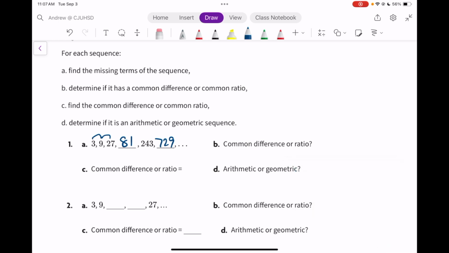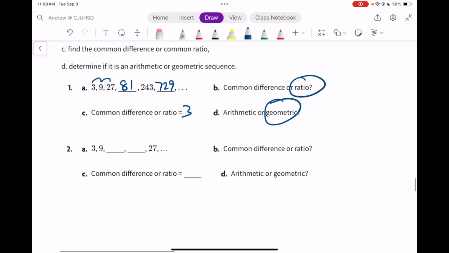Common ratio, it's geometric, and that ratio is 3. However, number 2, that is arithmetic. It's going up by 6, and then another 6 makes it 15, another 6 makes it 21, and then we're at 27. That is a common difference of 6, and it is arithmetic.